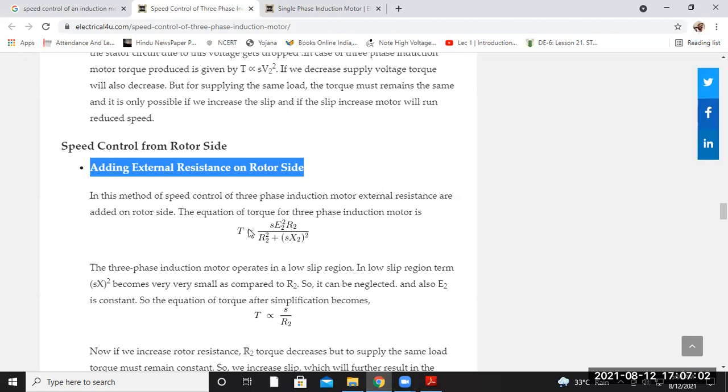That means you are increasing the speed of the induction machine, and the torque will also increase. Finally, at the condition where the machine attains its full speed, we totally disconnect the external resistance from the rotor circuit.